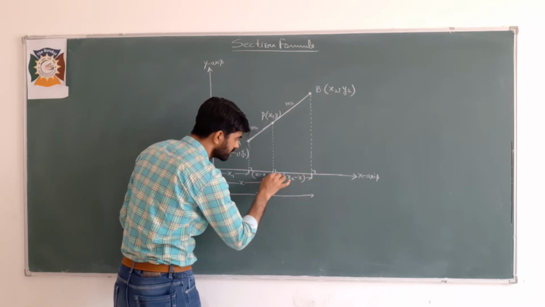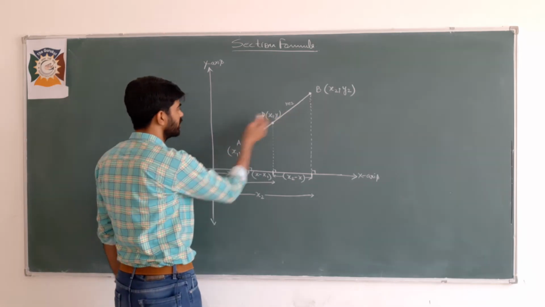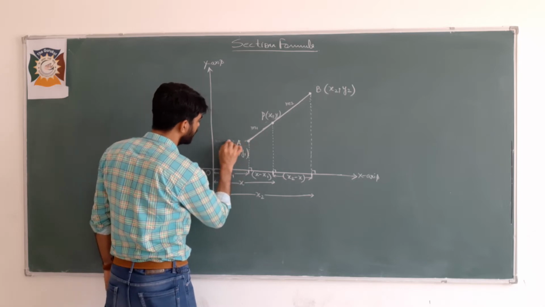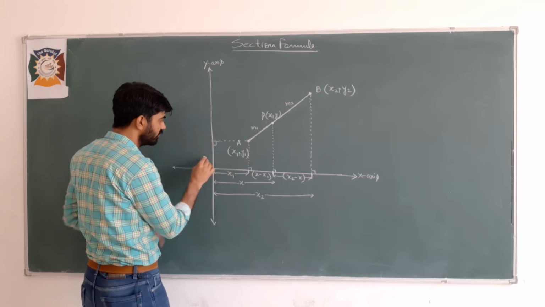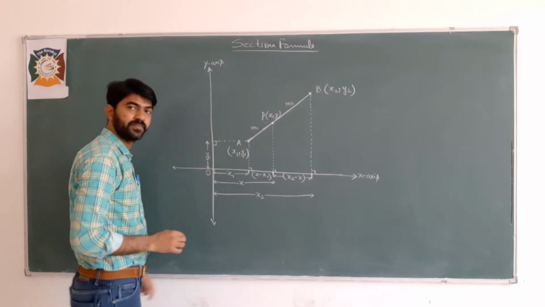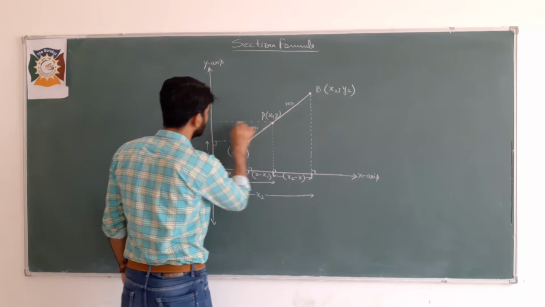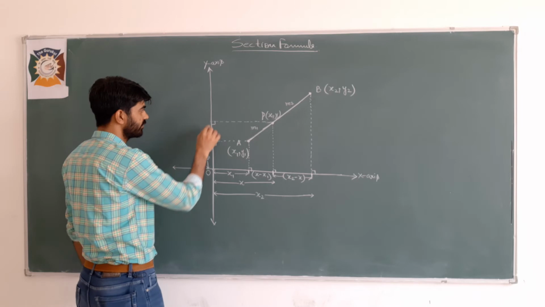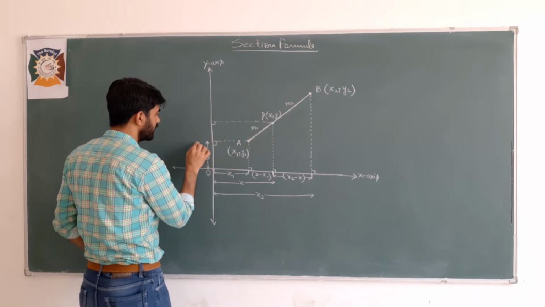Similarly, now we'll draw perpendiculars from these points on the y-axis. If I draw a perpendicular from A to the y-axis, this distance will be y1. Similarly, if I draw a perpendicular on the y-axis from point P, this distance will be equal to its ordinate, that is y.